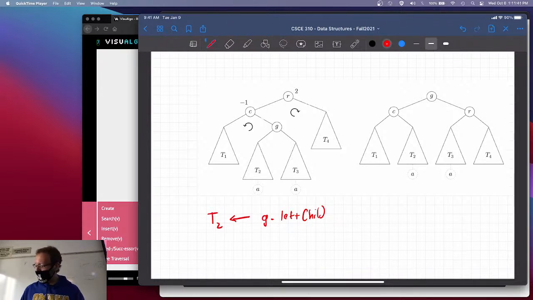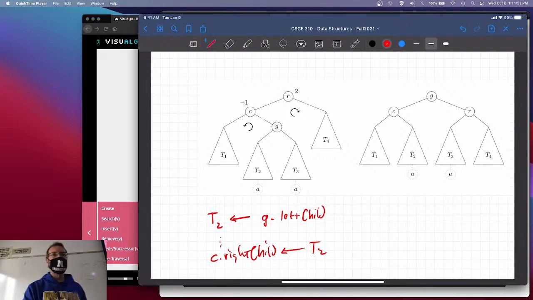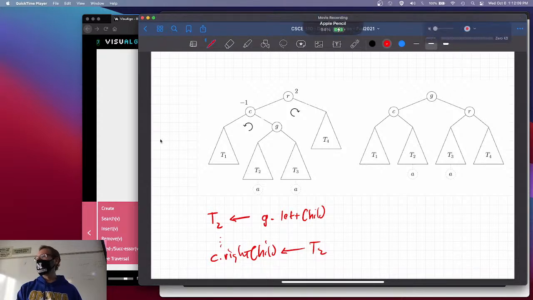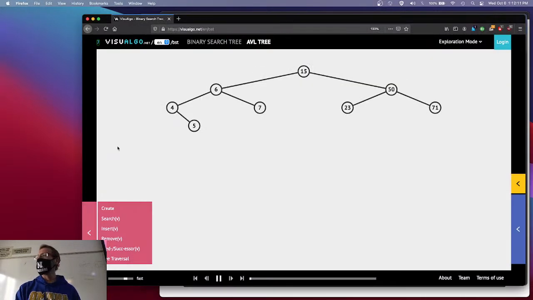And then eventually, dot, dot, dot, C dot right child equals T2. So, hint, when you actually go to write the pseudocode here, why not store off everything in temporary variables, right? And then you've got basically 8 lines of pseudocode. Okay?